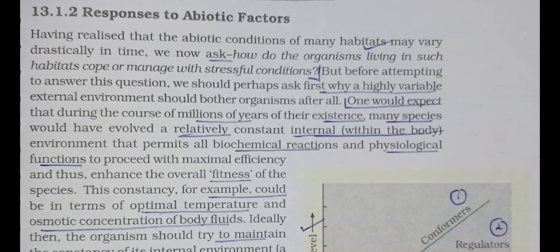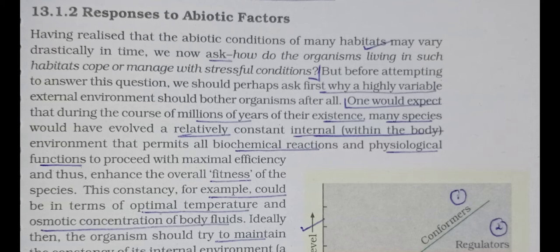See, first point, having realized that the abiotic conditions of many habitats may vary drastically in time, we now ask, first question, how do the organisms living in such habitats cope or manage with stressful conditions? But before attempting to answer this question, we should perhaps ask, second question, why a highly variable external environment should bother organisms after all?